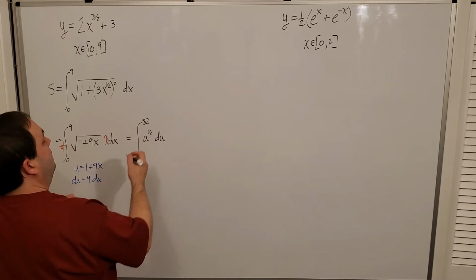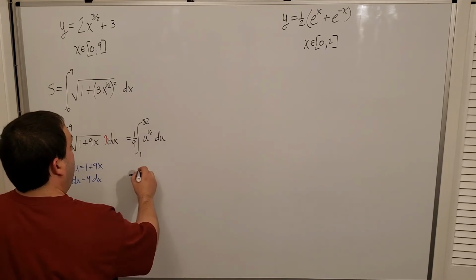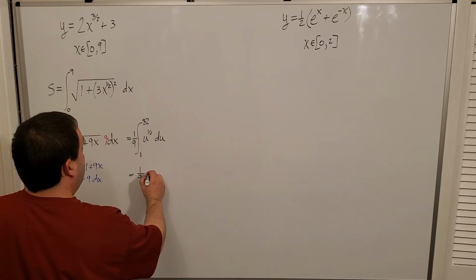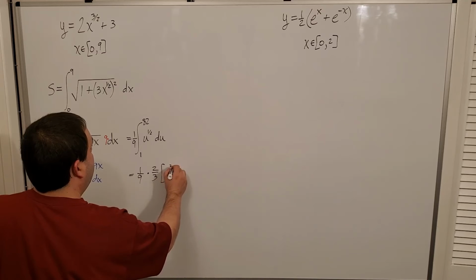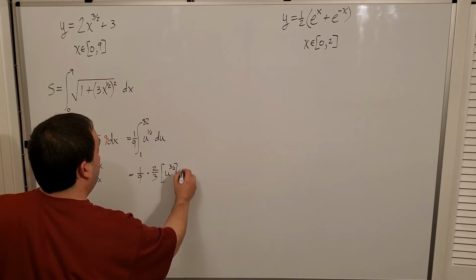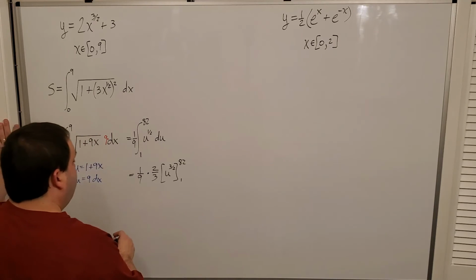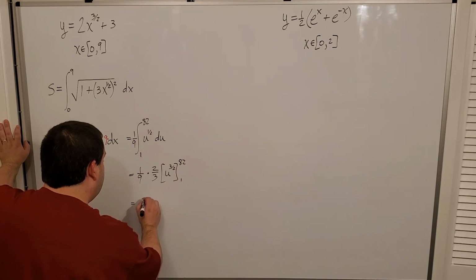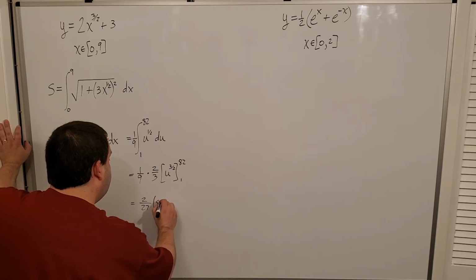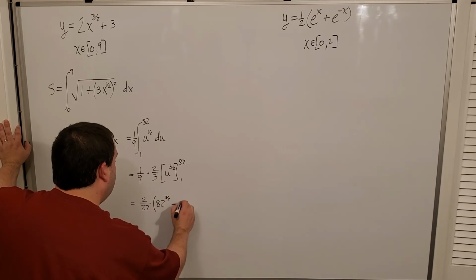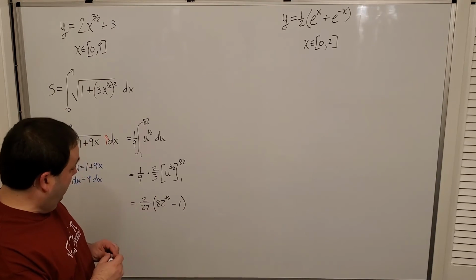And times the 1/9. So then I have 1/9 times 2/3 u to the 3 halves evaluated from 1 to 82. So then that gives me 2 over 27 times 82 to the 3 halves minus 1. And of course, that's as far as you'll want to go by hand.